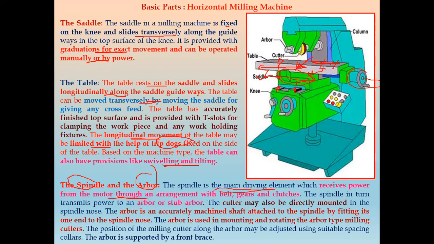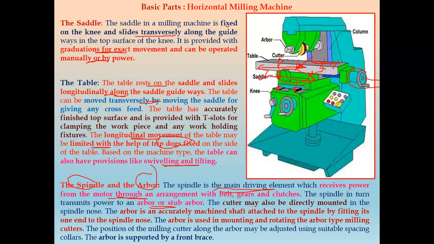The spindle rotates and transmits the power to the arbor, or we can say there is a stub arbor. So we have a spindle, and that will rotate and transmit the power to the arbor.